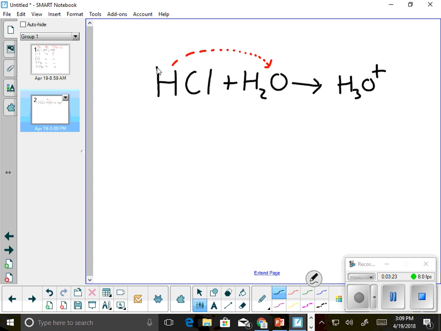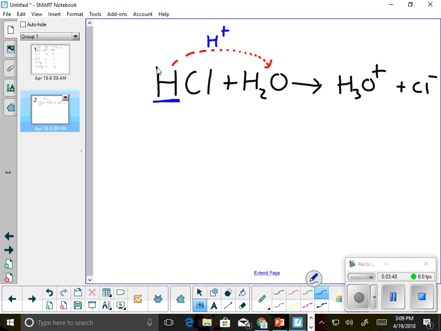It creates H3O plus. The leftover would be the chloride anion at that point. So HCl has a hydrogen, so for recognition, hey, it has a hydrogen, although we can't define it as anything with a hydrogen because there's a lot of things with hydrogens that aren't acid. But what happens is it gives an H plus to water.